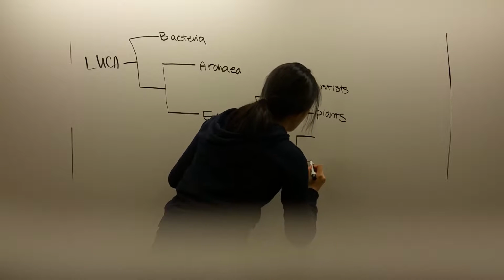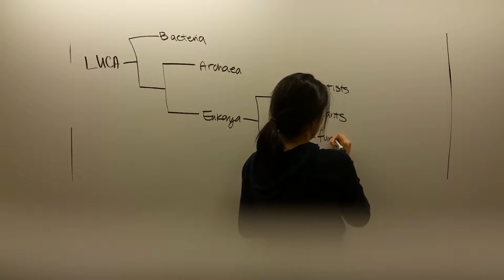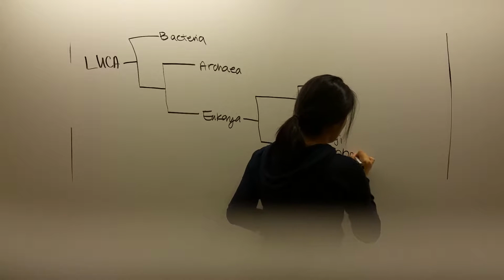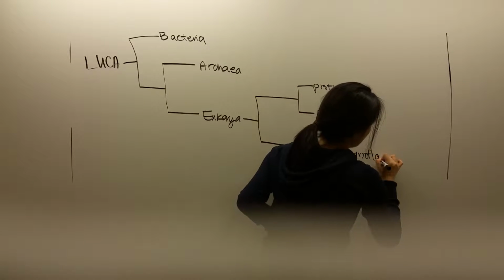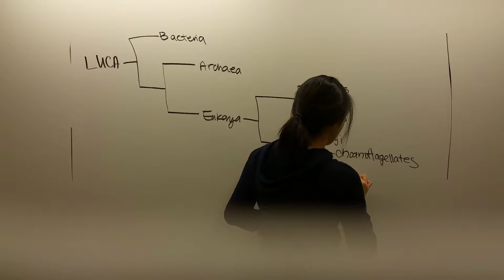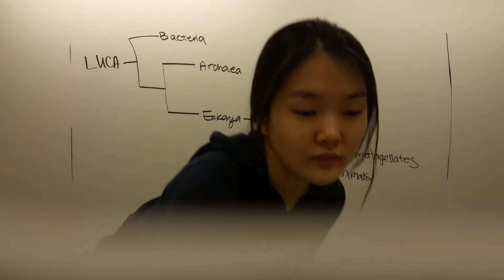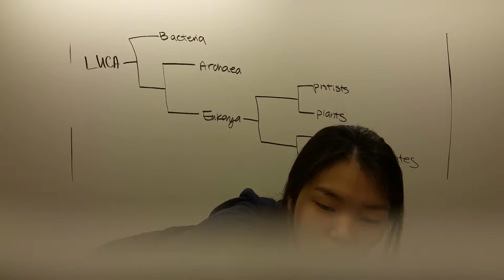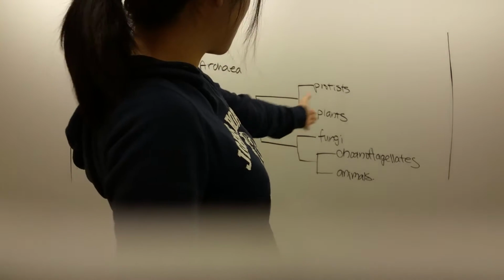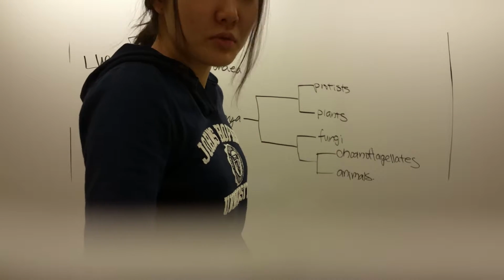And then you have, I think, fungi, and then this is broken up into choanoflagellates, and this is animals. I'm pretty sure that's how it goes: plants, fungi, choanoflagellates, animals. Okay, yeah, I think I did a pretty okay job.